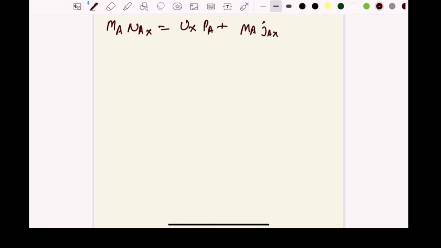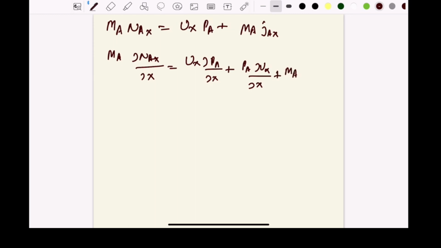Differentiating gives ∂nAx/∂x is equal to ux ∂ρA/∂x plus ρA ∂ux/∂x plus ∂jAx/∂x. So this is equation number 12 and this is equation number 17.